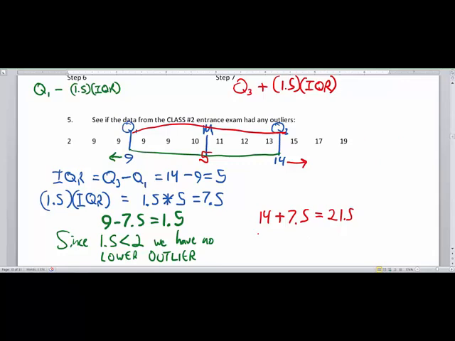We don't. So instead of being specific about a data value, I can just say since there are no numbers above 21.5, no upper outlier.